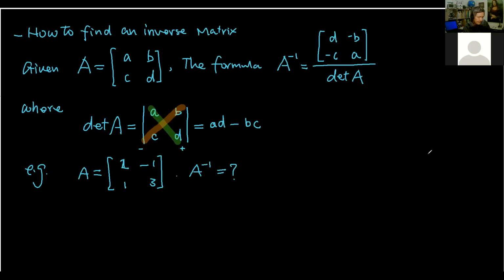We call it D E T for determinant. So it'll be 3, 2, 1, negative 1 over the determinant.